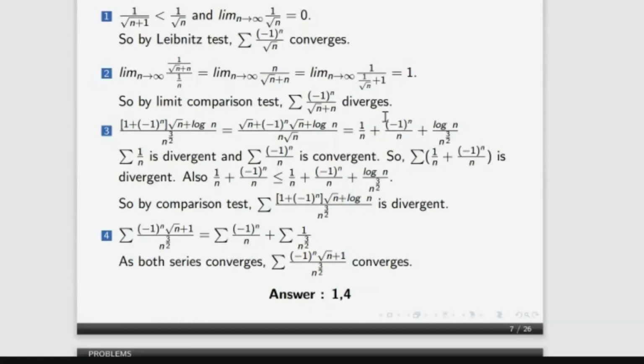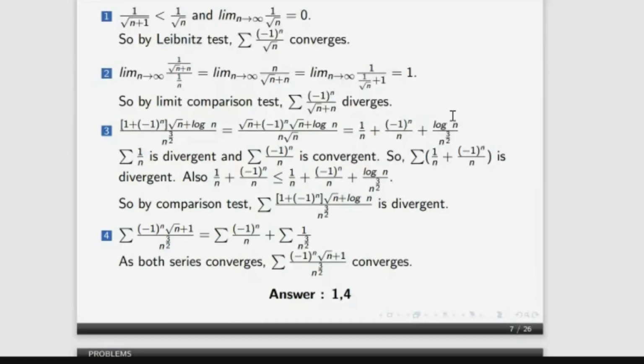Then series minus 1 power n by n is convergent using the Leibniz test, which I have given already as an example for conditional convergence, right? So this series is convergent. We have already said that the sum of a convergent and a divergent series is divergent in nature, which means the series comprising these two terms is divergent, right?